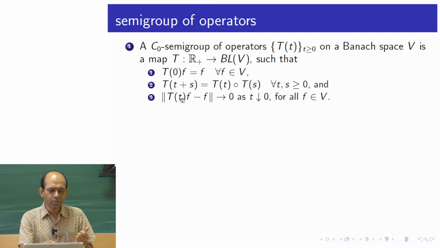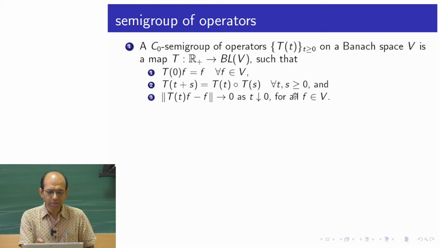Anyway, we know that f can be written as T(0)f. So you are saying that T(t)f minus T(0)f is going to 0 as small t goes to 0. So this is basically the continuity property of capital T at time 0 from the right side.